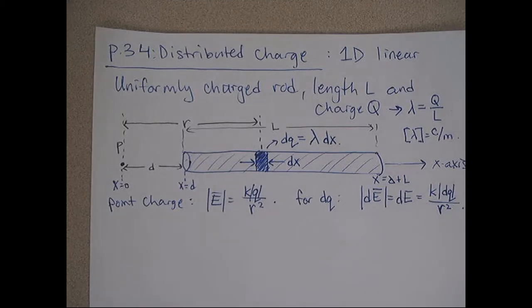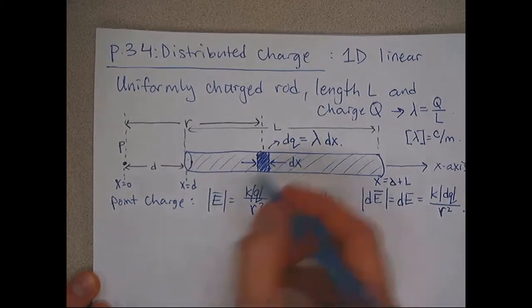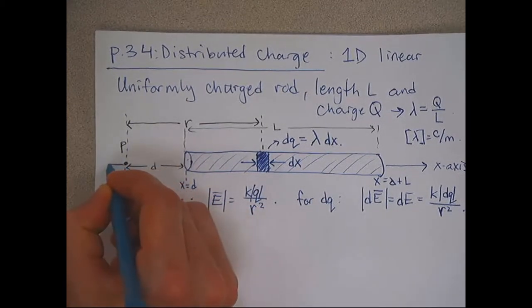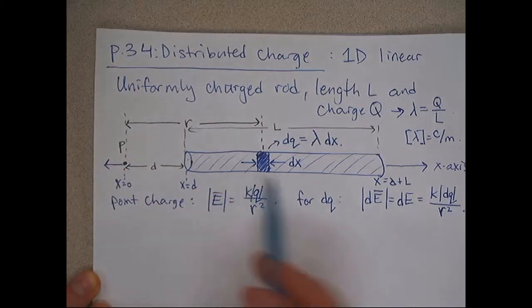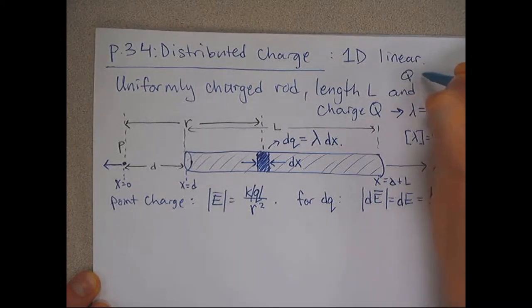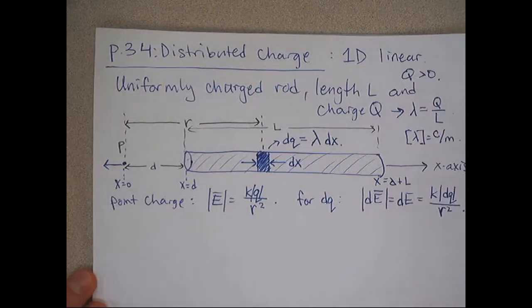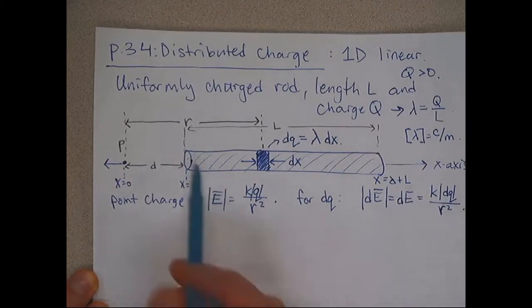Step 5, write an expression for dE, the electric field, which is due to the dq. So at location P, we have a vector. We're going to assume here Q is positive. In every problem we give you, you may assume that the charge is positive unless we tell you otherwise.